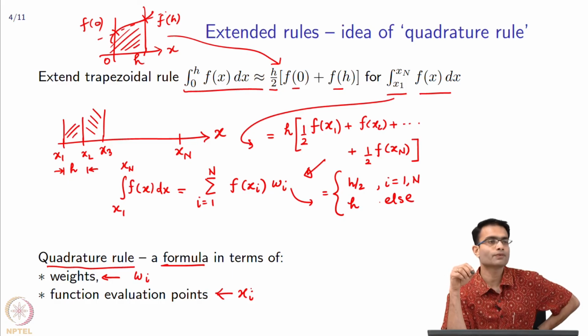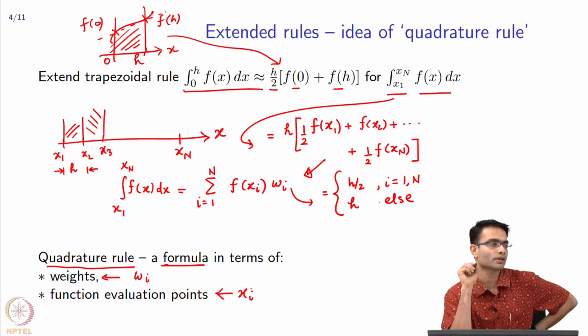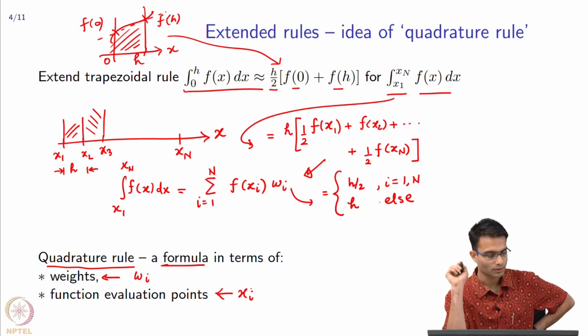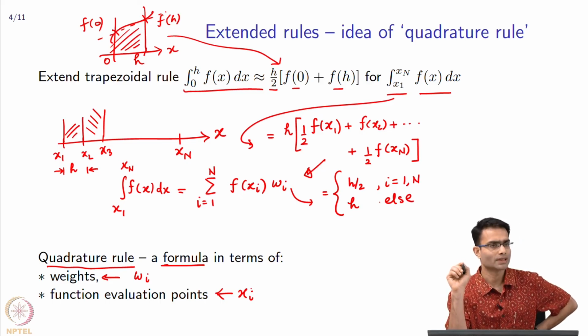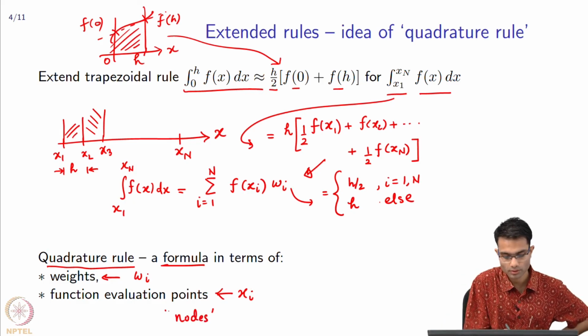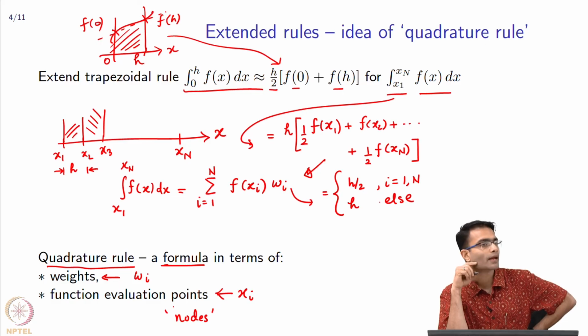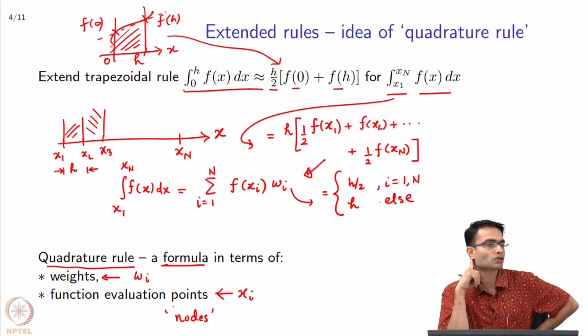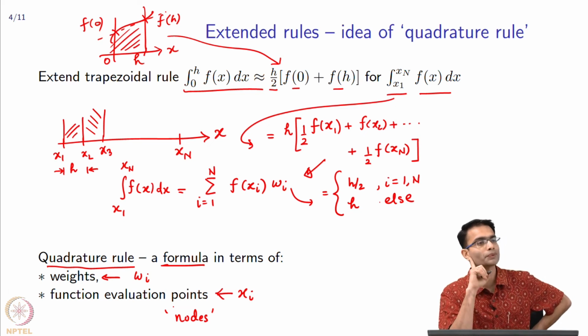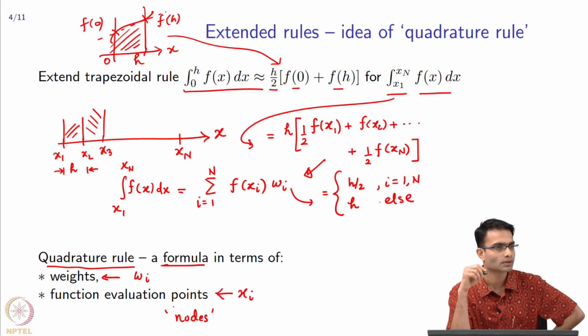So, once I tell you that here is a quadrature rule, you should ask me what are the weights, what are the function evaluation points. These evaluation points are also sometimes called nodes. Okay. And once that is specified, now supposing you had this function f(x). Now supposing I tell you, okay, now I want to integrate some other function g(x).